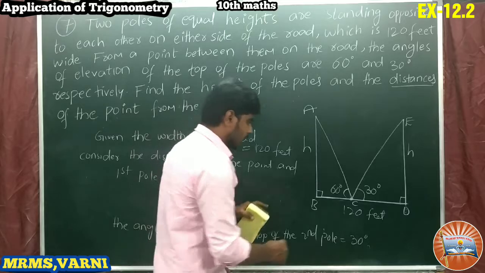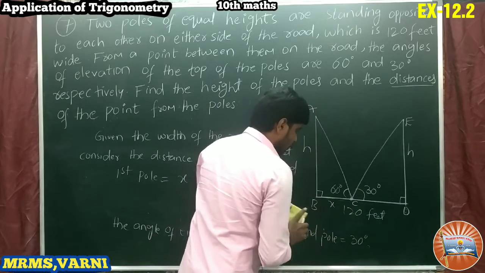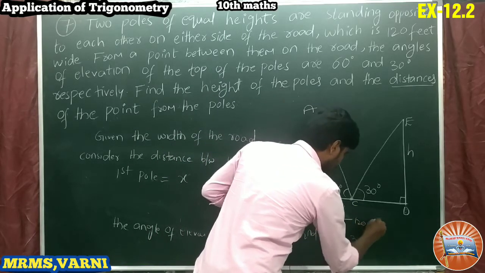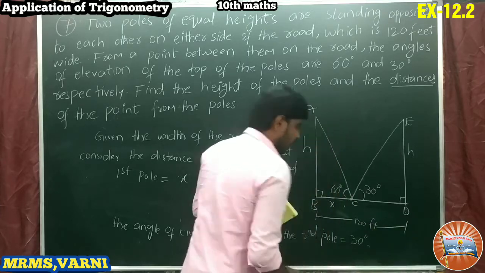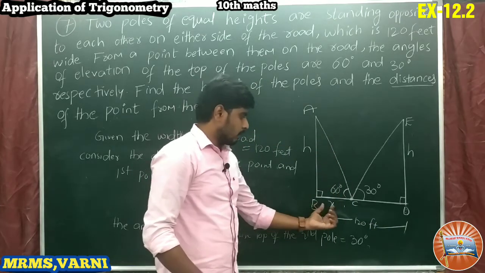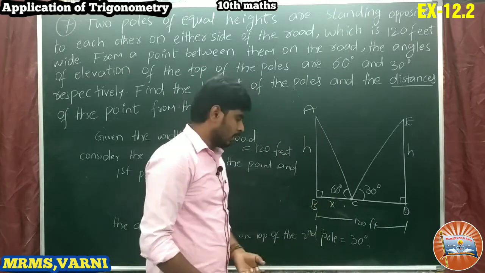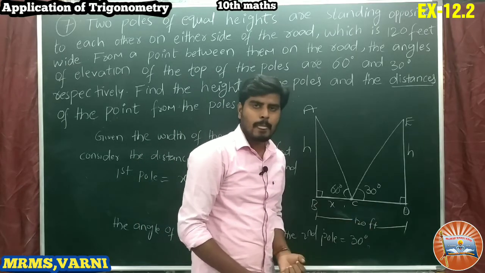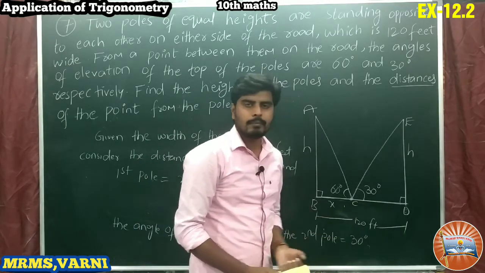Suppose I am considering this as x. From here to here it is 120 feet. This distance between B and C I am considering x here. What is the distance CD? What is the distance between C and D?